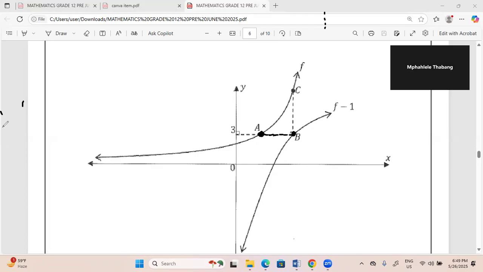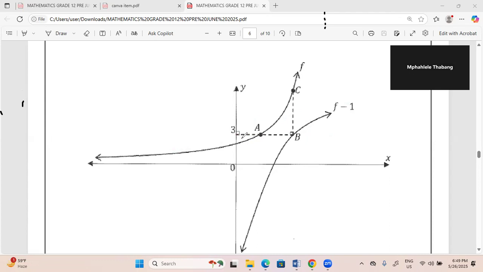But we see that the y coordinate there at A is 3. Okay, this is so very interesting. I want you guys to see what's happening here.